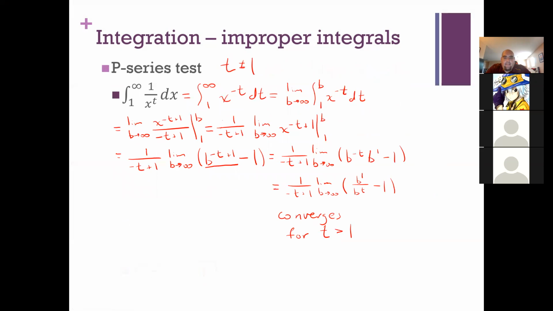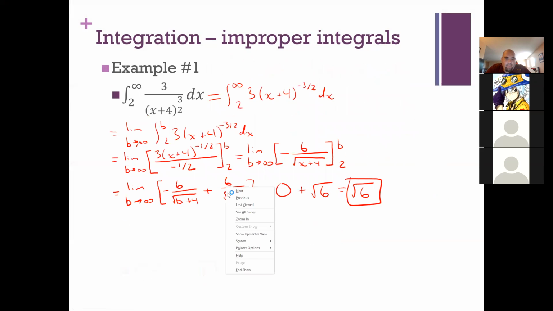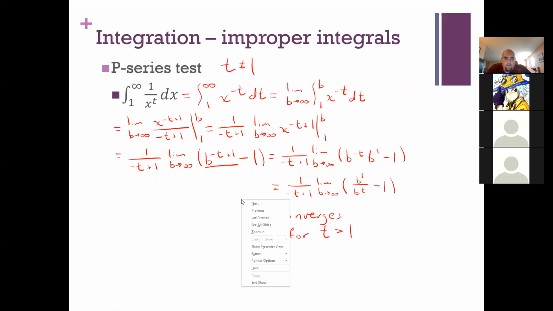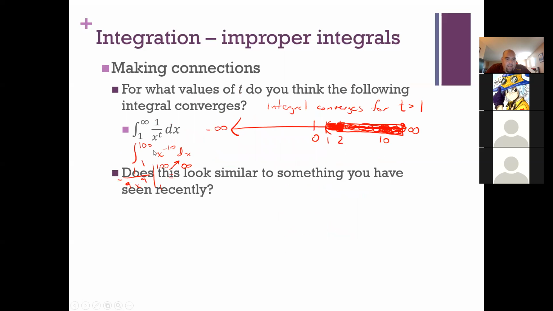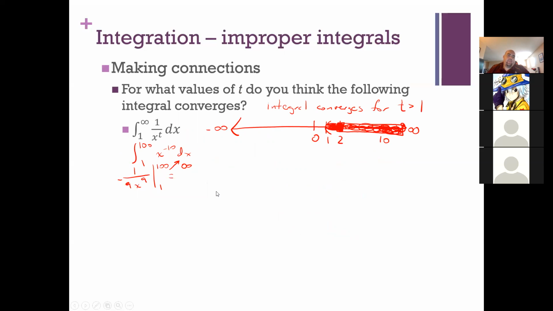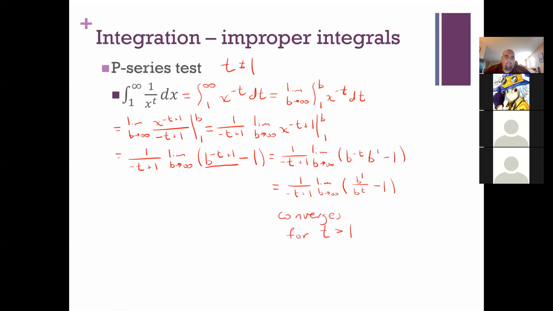The antiderivative of that one was negative 1 over 9x to the negative 9, I believe. Okay, and then can I see the next page? No, the next one after that, please.